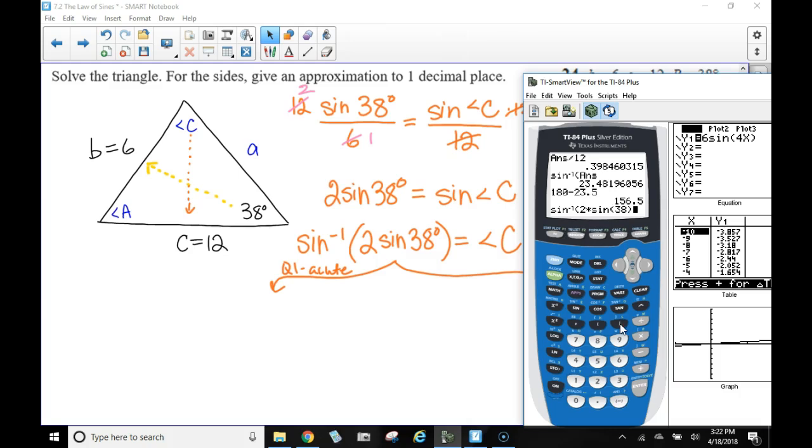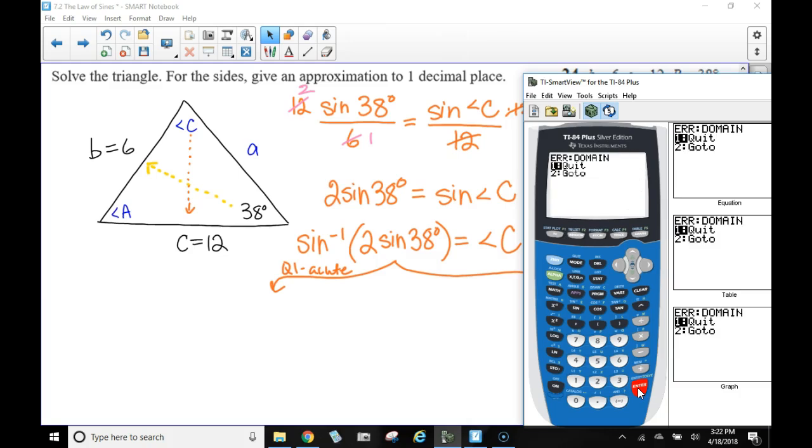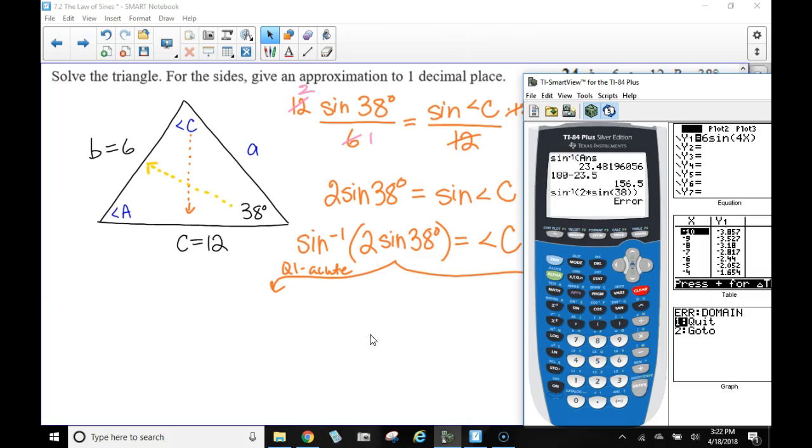Close out the 38, close out the inverse sine parenthesis, and it is going to say, math error, nope. Okay, now here's why that happened. This quantity in here, 2 times the sine of 38 degrees, check out what kind of thing we get when we punch it in. We're going to get a number bigger than 1.